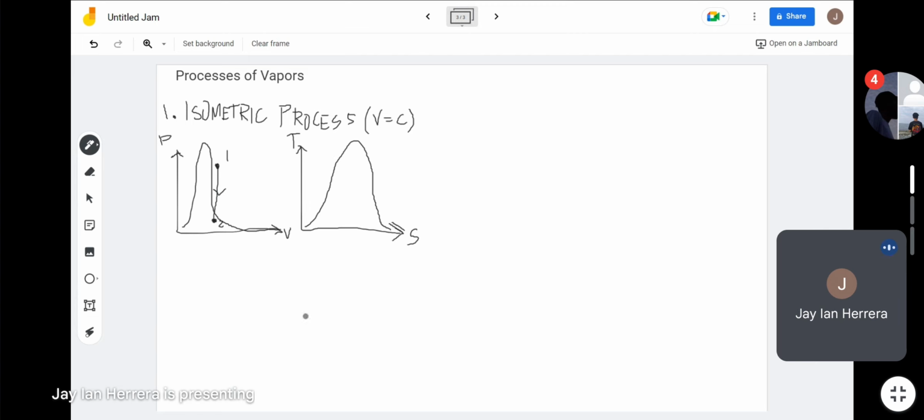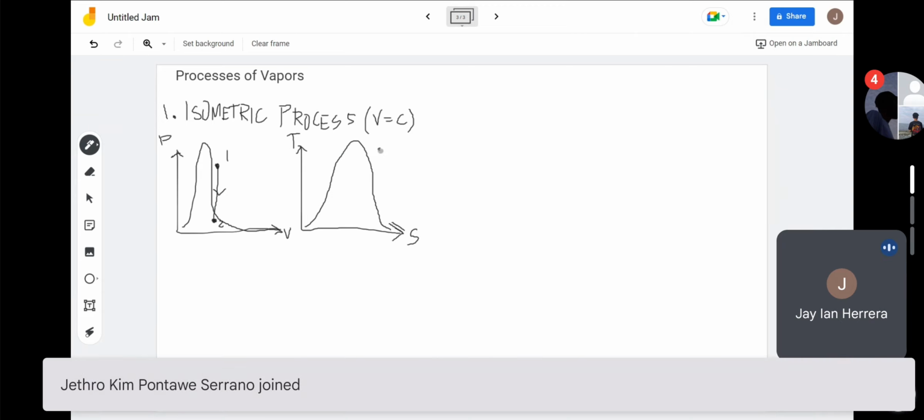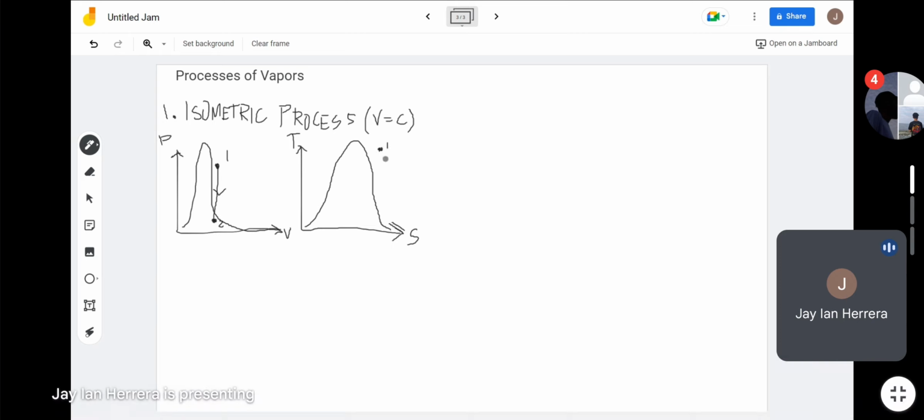On the TS, let's say we have the saturation curve here, a very indistinct or uncertain line. Let's say we have point 1 here. Its movement downward is swervy. Why is the constant volume line on the TS swervy? Simply because we're talking about vapors.